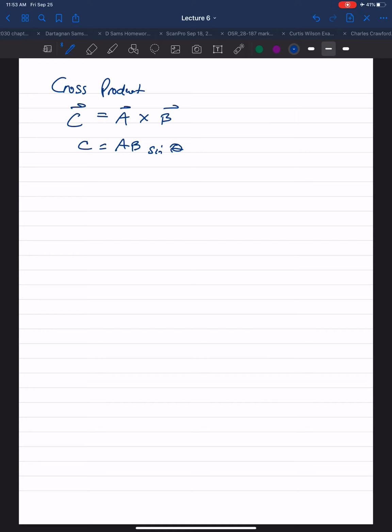Now, vector C has a direction that's perpendicular to the plane containing A and B. So if we have a vector A here, and its tail is joined to vector B, and they are in the same plane, theta is the angle between their tails, then vector C is perpendicular to that plane.